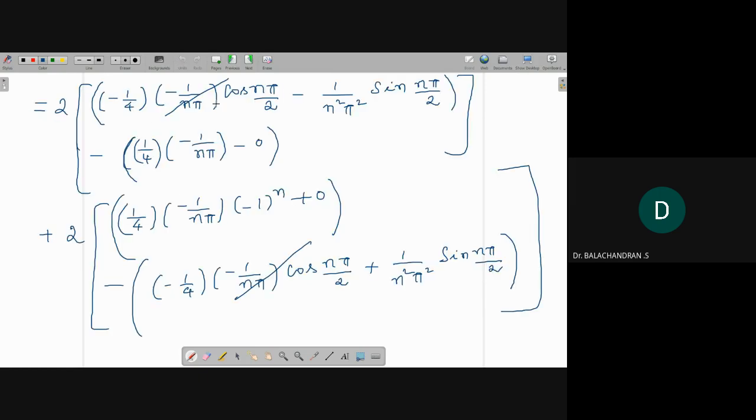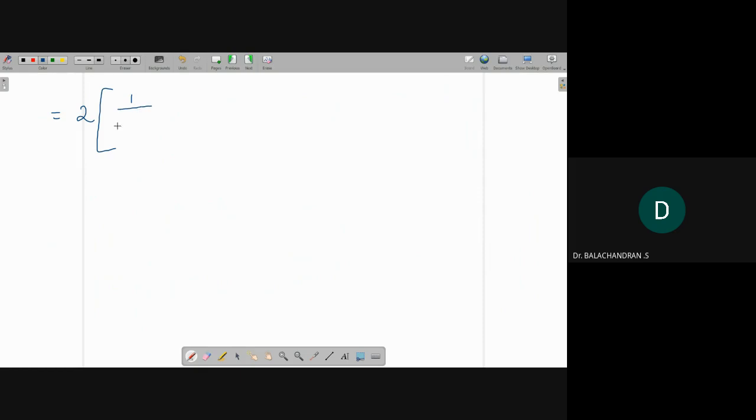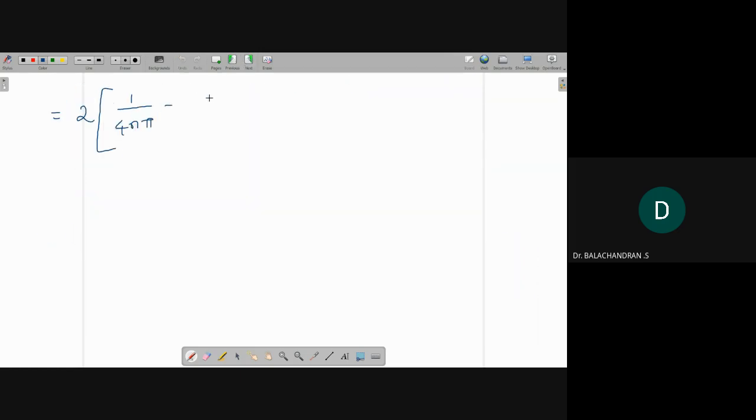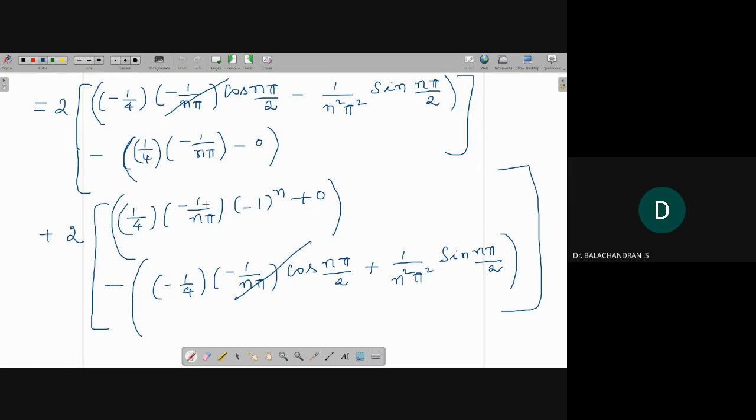So first I will write this term, minus of minus plus 1 by 4 n pi, and then minus 2 times this function, 2 times n square pi square into sine n pi by 2, and finally you have one more term, minus 1 by 4 n pi into minus 1 whole power n.